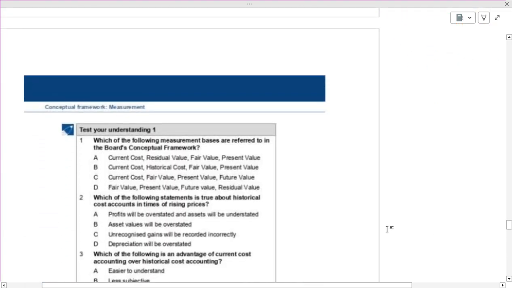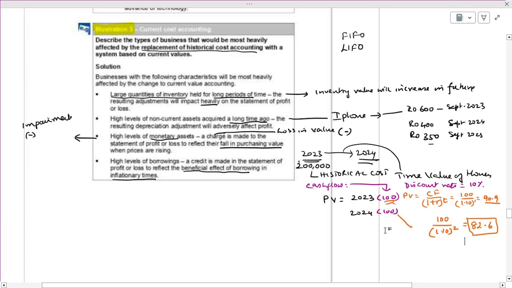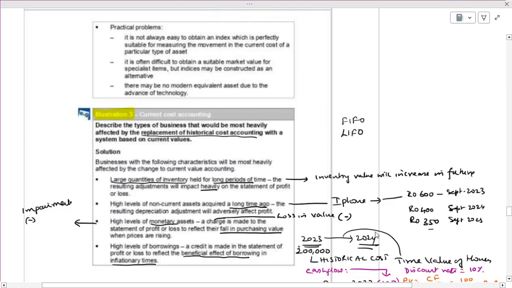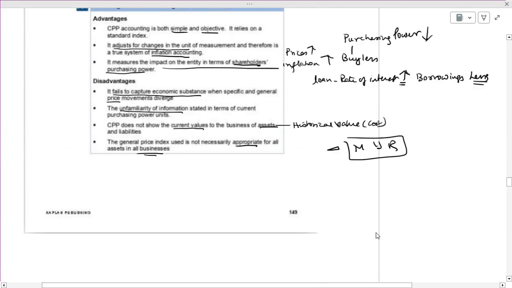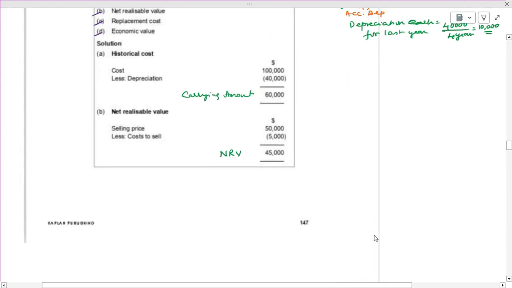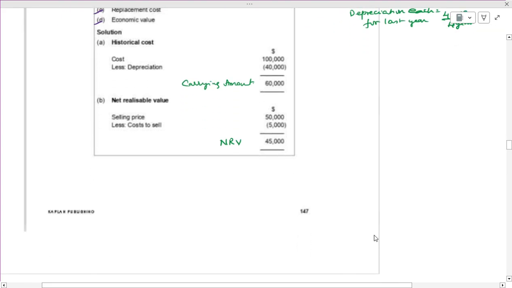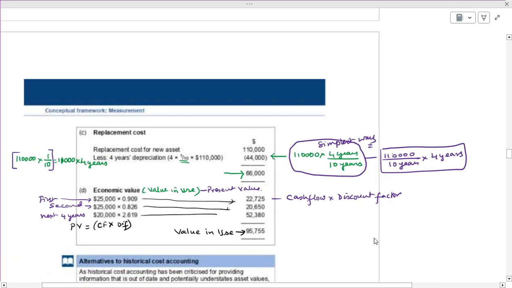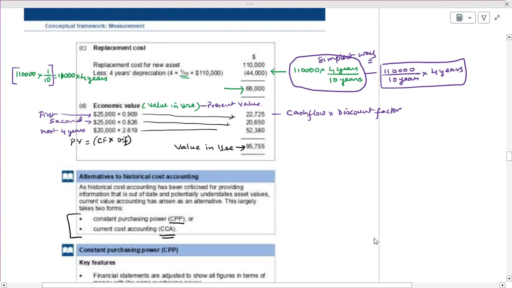Fine. Now, are you clear about this? What we have learned is very simple. We have learned about two things here. First, historical cost, net realizable value, replacement cost, and economic value.